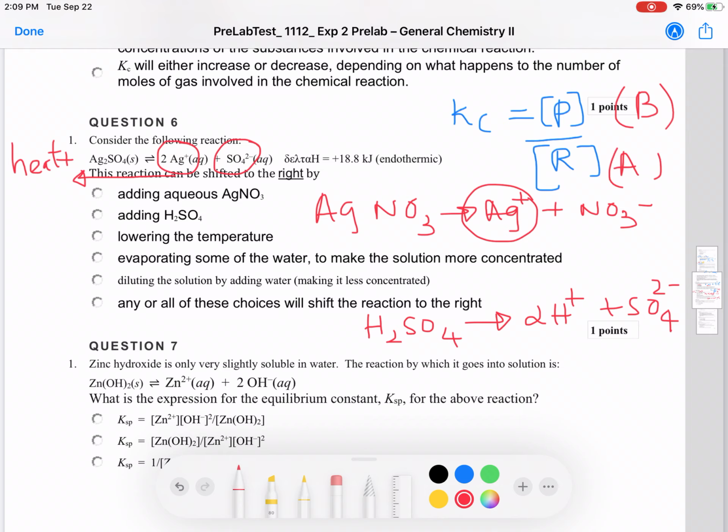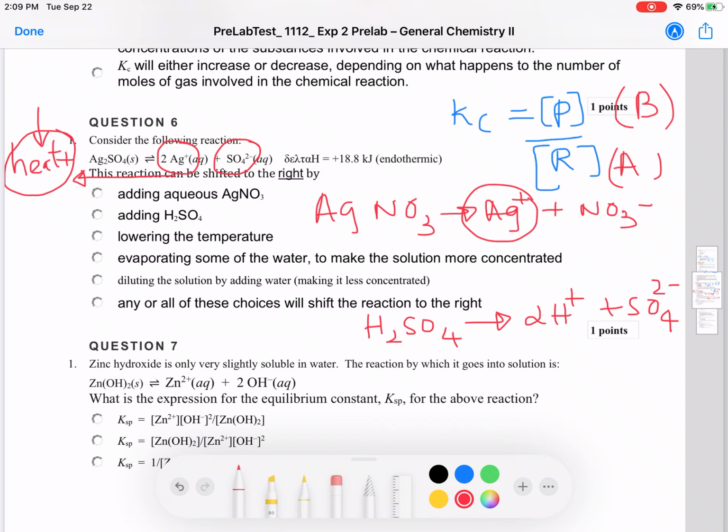If you lower it, then the reaction equilibrium will shift to making more of the reactants, because when you make the reactants, then only you can form more of the heat. Okay, if you lower one of the reactants, then equilibrium will again shift to the left side. So that's not going to work either.